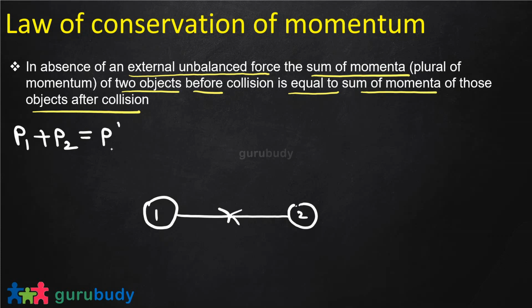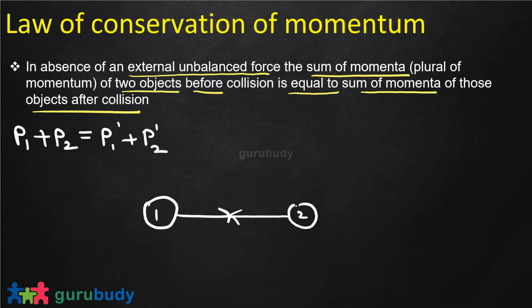Let's say those final momenta are p1' plus p2'. As long as I know the momentum before, I know the momentum of the system after. When I say system, I consider these two objects as my system.